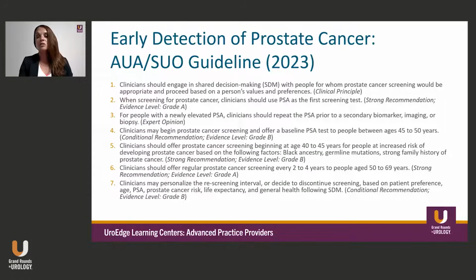And that can be considered closer to age 40 or 45. Additionally, clinicians should offer regular prostate cancer screening every 2 to 4 years for people aged 50 to 69. And finally, clinicians may personalize the rescreening interval or decide to discontinue screening based upon patient preference, PSA, age, prostate cancer risk, and life expectancy.